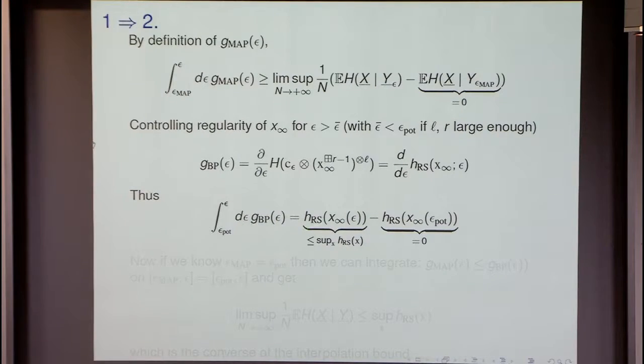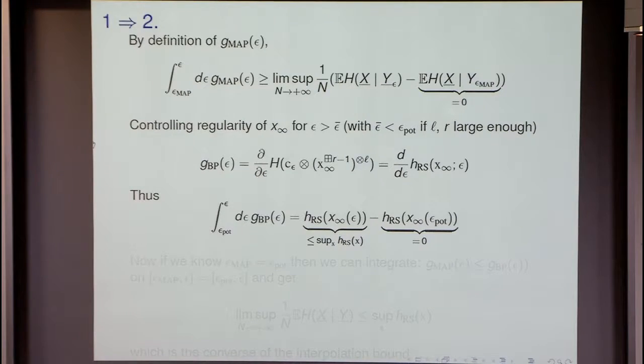And when you integrate it, you find the replica symmetric functional at x infinity minus this replica symmetric functional at the potential threshold. But by definition of the potential threshold, this is 0, because the potential threshold was when this function touches the horizontal axis, where the two minima are equal. And now this is anyway less than the supremum over x of HRS.